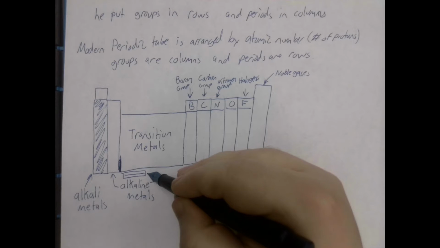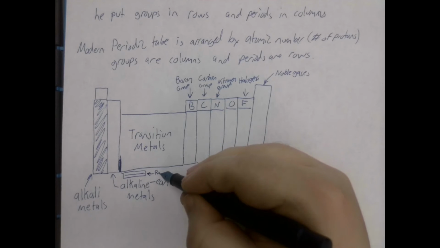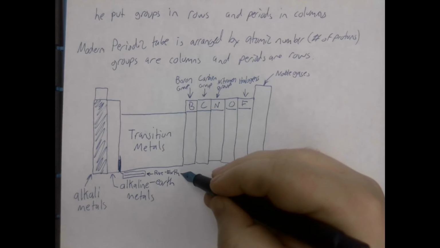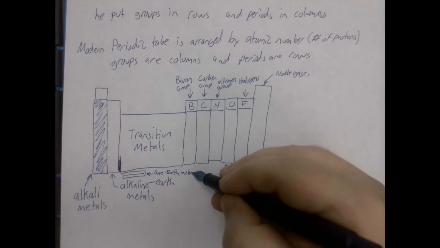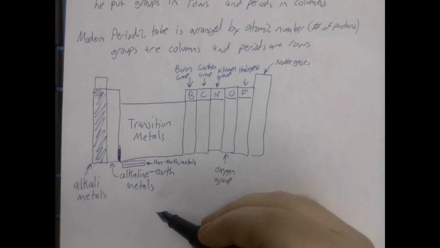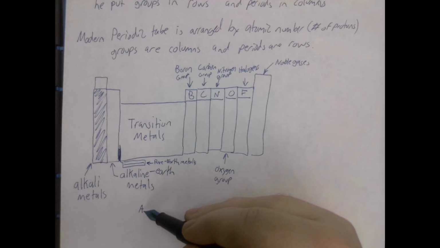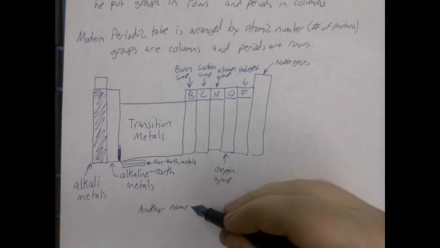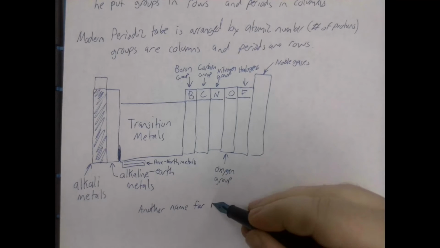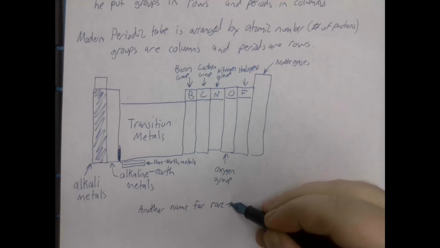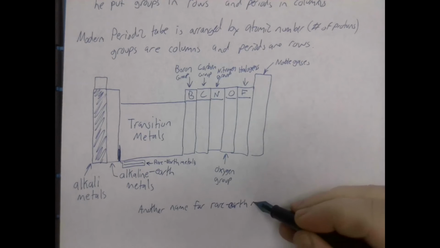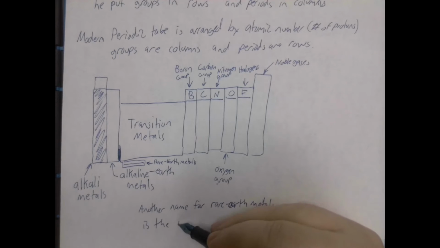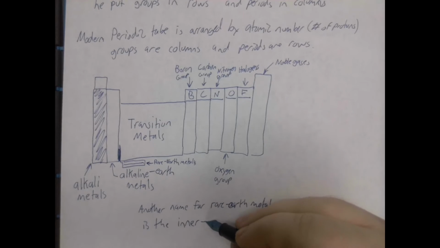These are the rare earth elements. Rare earth metals. Another name for rare earth is called the inner transition metals.